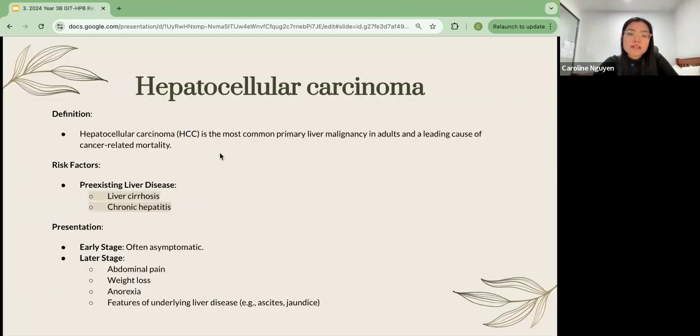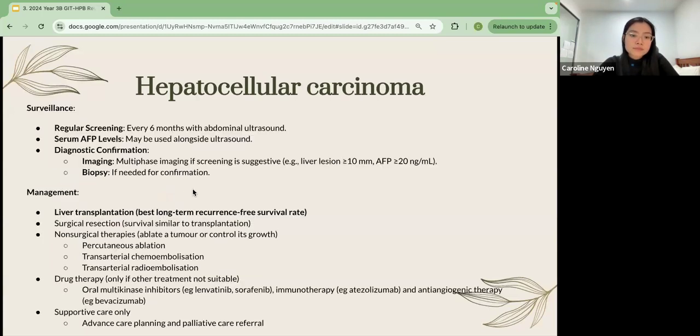Liver cancer. The risk factors are liver cirrhosis and chronic hepatitis, which makes sense because it's just consistent damage to the liver. This is path relevant.